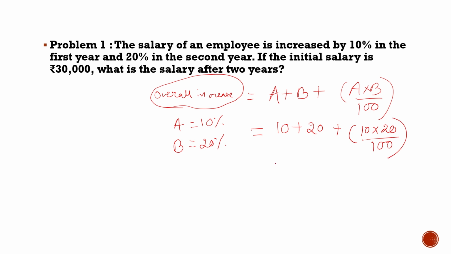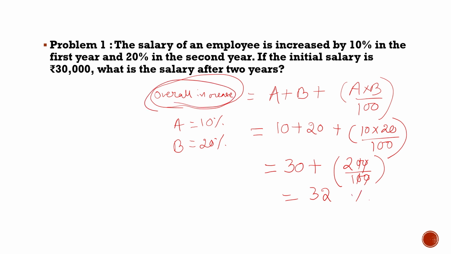And it will give us 30, 20 plus 10, 30, and in the bracket 20 into 10, 200 by 100. 0, 0 will cancel out and we will be left with 2. So 30 plus 2, 32. So the overall percentage increase in salary will be 32%, right?